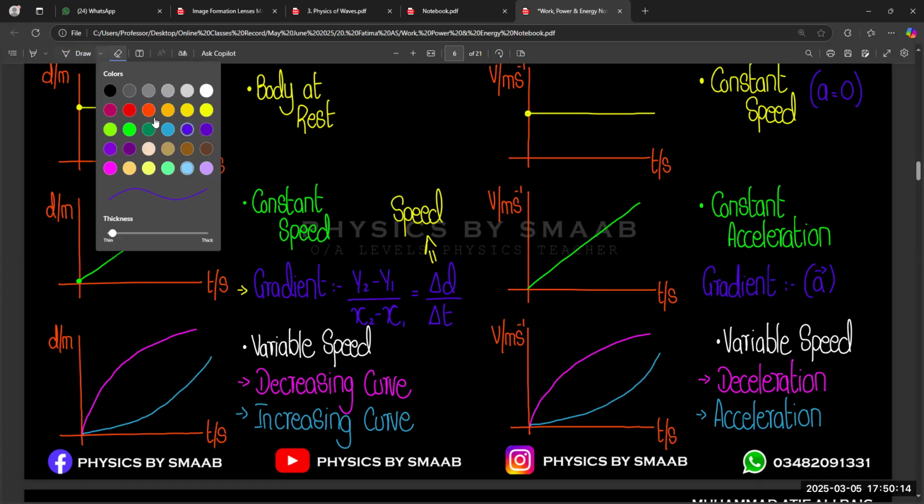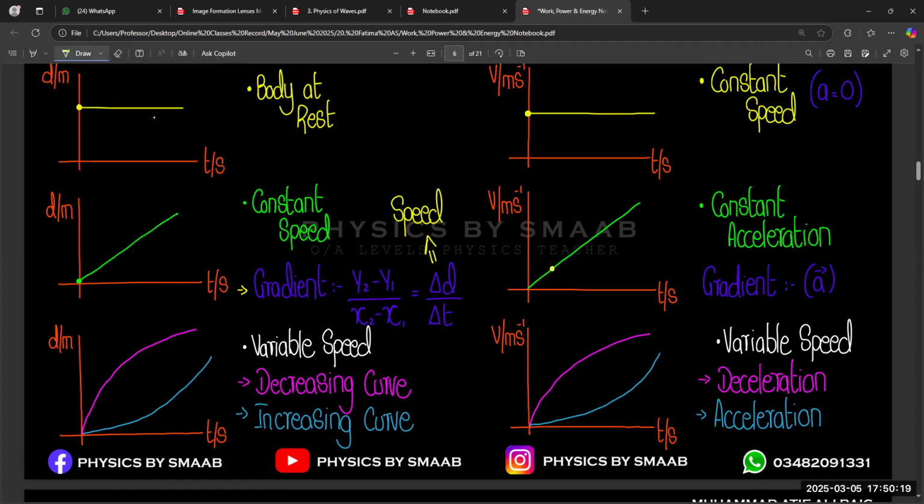Because if we mark, let's suppose two values, for example, this is v1, t1, and this is v2, t2, in this way we can mark two quantities, and by using these two quantities, we can find acceleration.